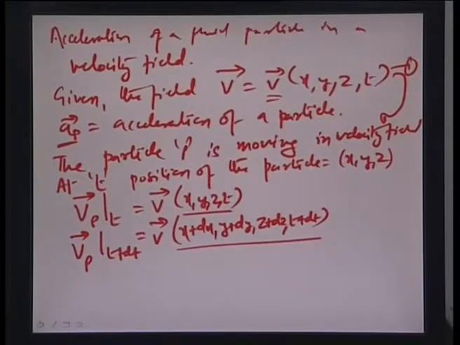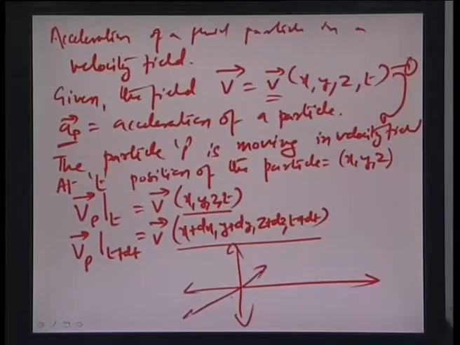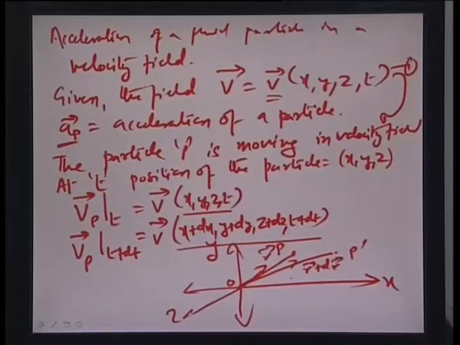Essentially, let us say you have this rectangular coordinate system with x, y and z components, and you have a radius vector r somewhere here at point P with respect to the origin O, and this changes to another point P dash and the new radius vector becomes r plus dr. So this is the position at time t, this is the position at t plus dt, and the vector connecting these two is the position vector that the particle has traversed from point P to P dash.